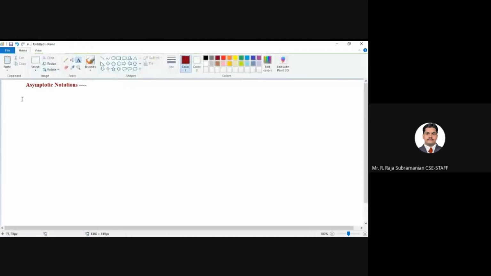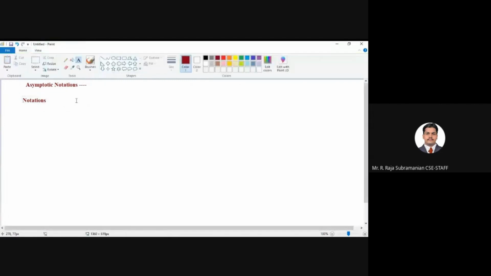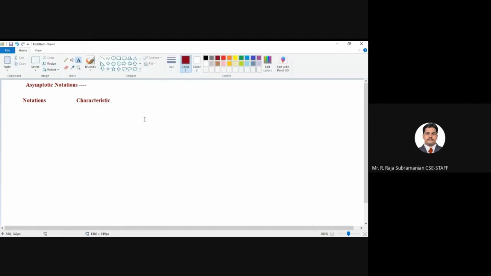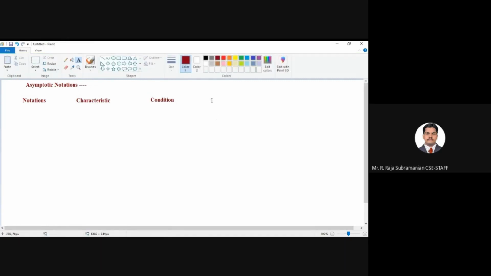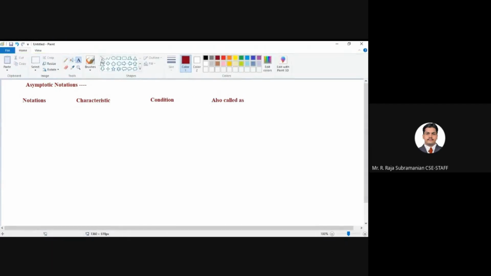Next, coming to here: notations, characteristic, condition, also called this. These are the things we are going to write now, and you people are going to say the answer for that.